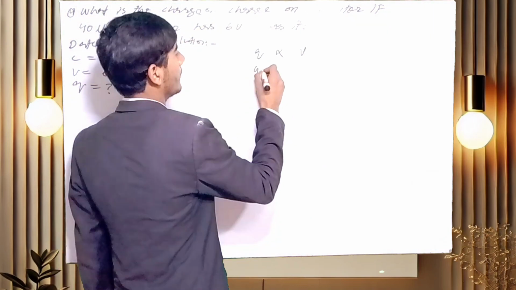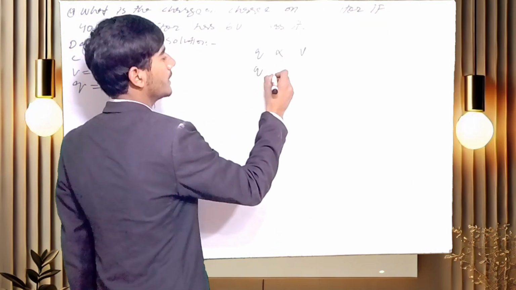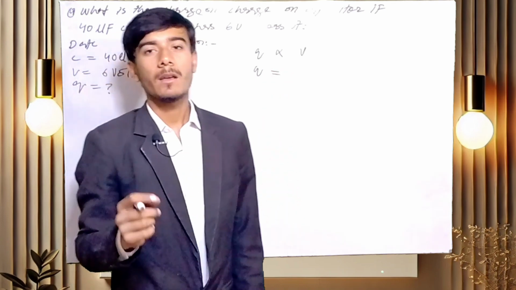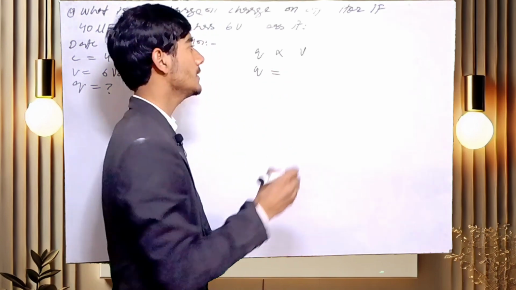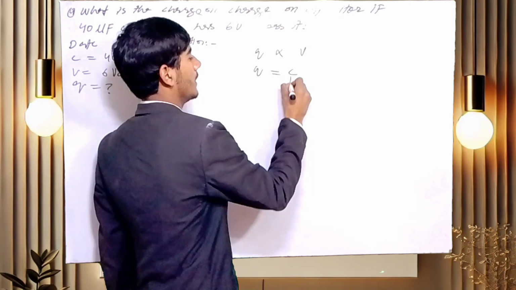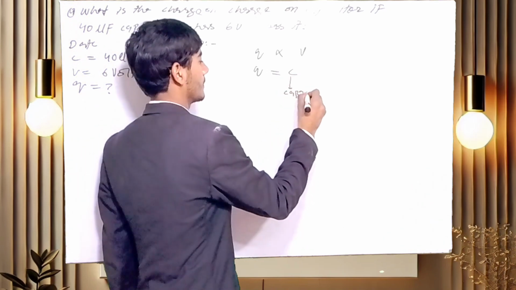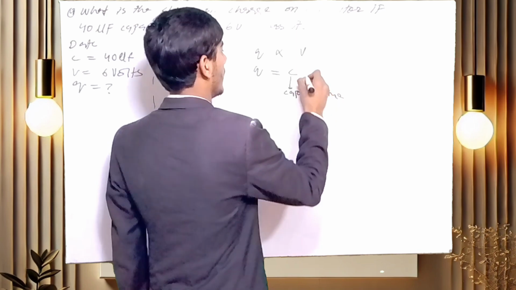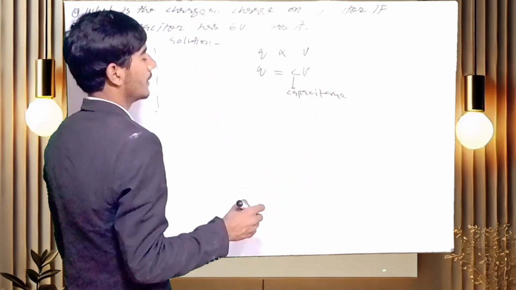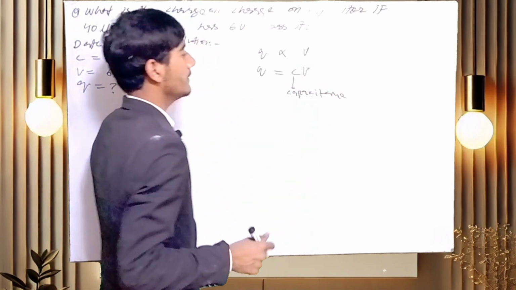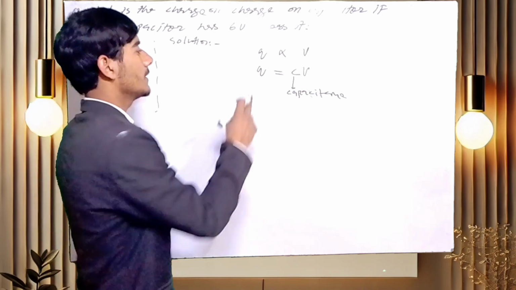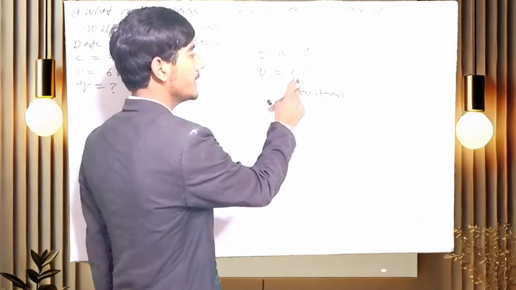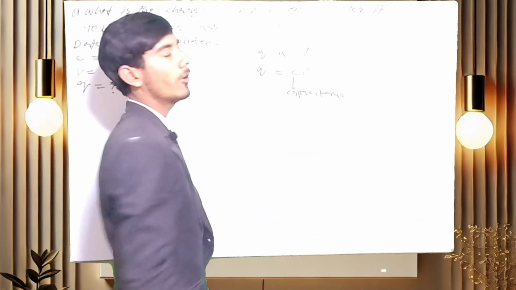If the proportionality symbol is converted into equal, there is given the constant which is called C. It is called capacitance. And V same. Now by this equation I can find the charge, the capacitance and the voltage.